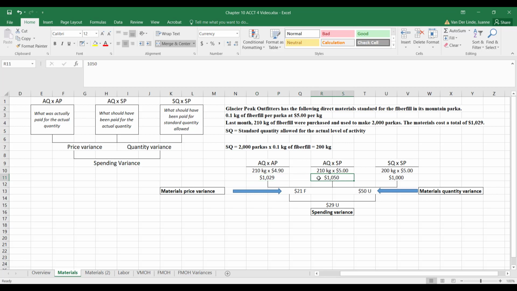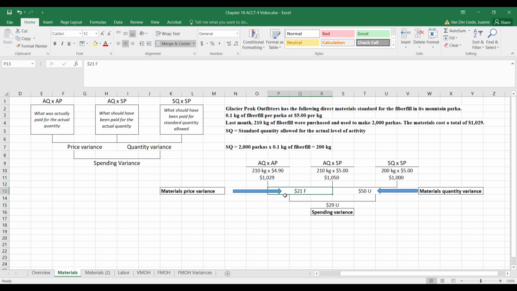That's a difference of $21, but that's actually a favorable price variance, a favorable materials price variance. And how so? Well, we paid 10 cents less per kilogram than we should have based on those standards. So that is a favorable materials price variance.